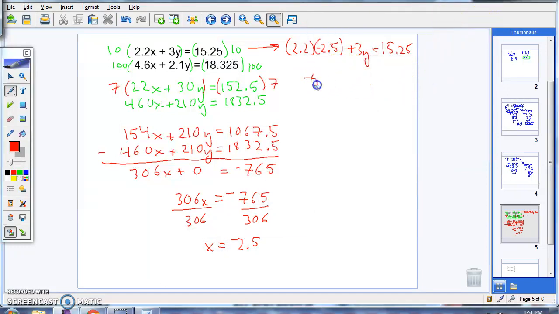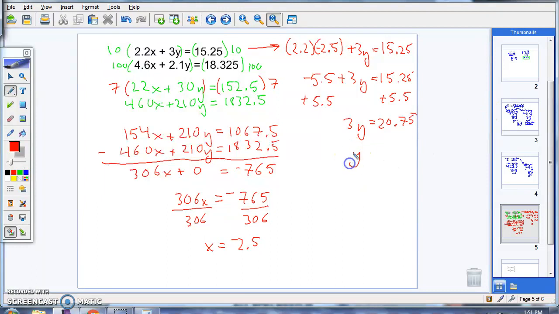So 5.5 plus 3y is 15.25. You can hear the yelling outside. That's Phoebe. And then I'm going to subtract 5.5 from both sides. And 3y, and there's Ryla, is 20.75.